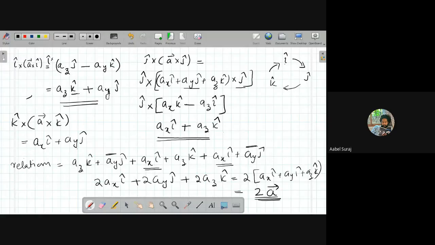Okay. So I have written this so that you understand how you'll do cyclic calculations.